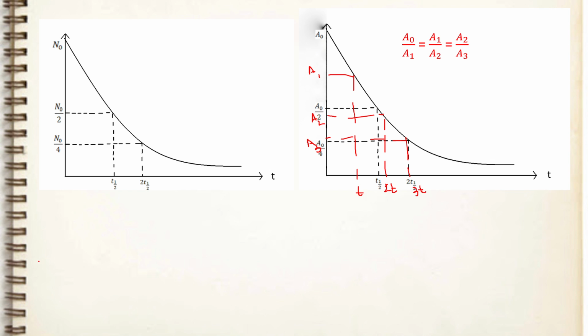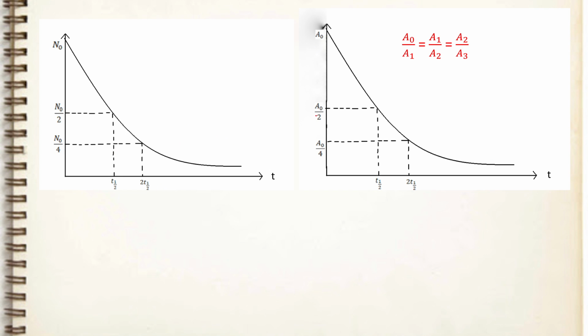Another thing I want you to notice is, if they give a graph and expect you to find the decay constant, you can simply find the half-life of the graph by taking half of the initial value, dropping a line, and finding the half-life. So that's your T half. Now we know T half is equal to ln2 over lambda, so lambda is ln2 over T half. That's how you find the decay constant.